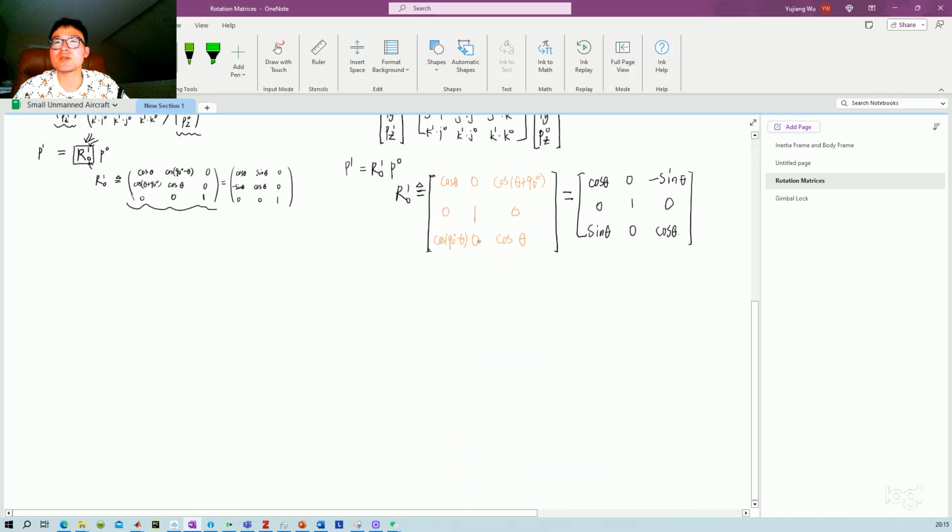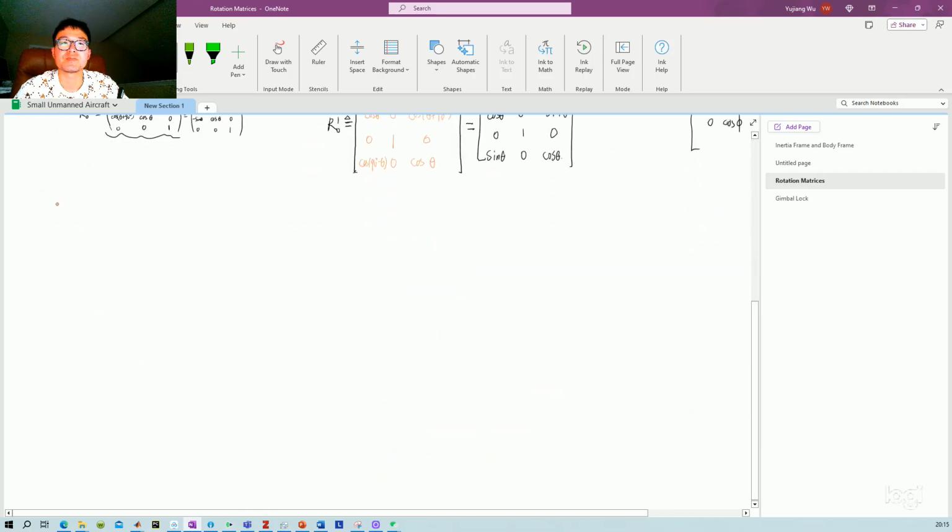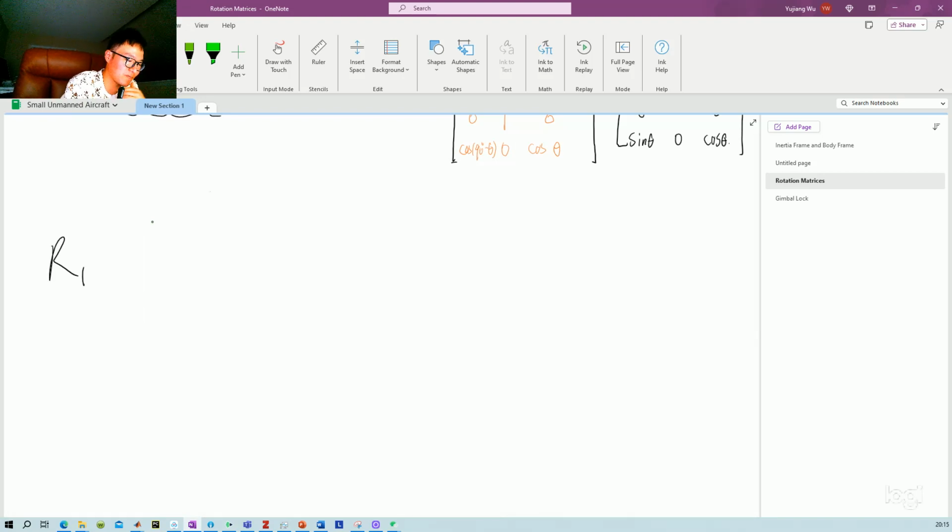So, the rotational matrix. Before I show you the math behind it, I will give you the so-called rotational matrix, defined like this. It essentially converts from the NED, north-east-down inertia frame, to the body frame, and it can be defined as a multiplication of three matrices.